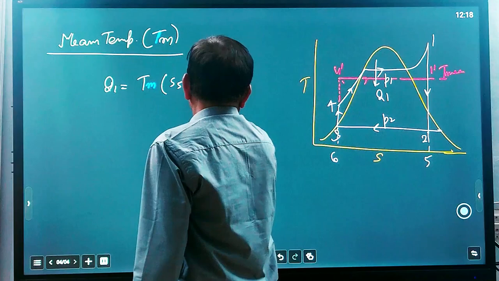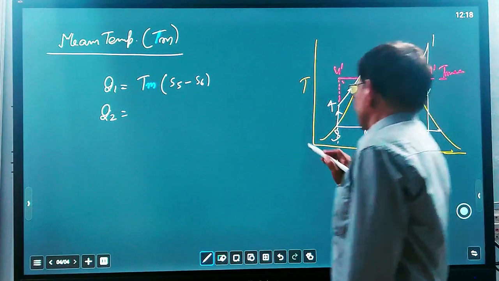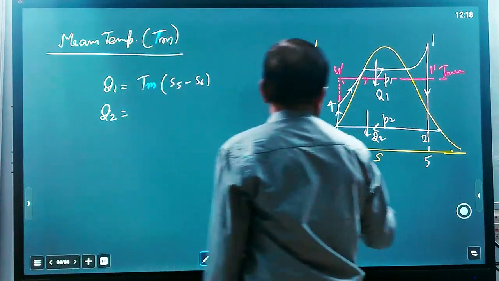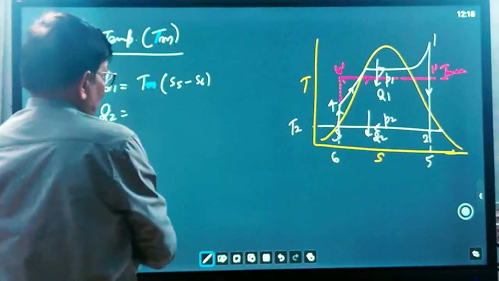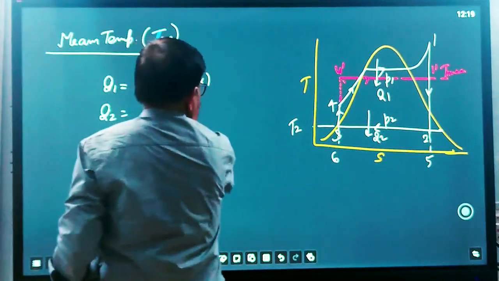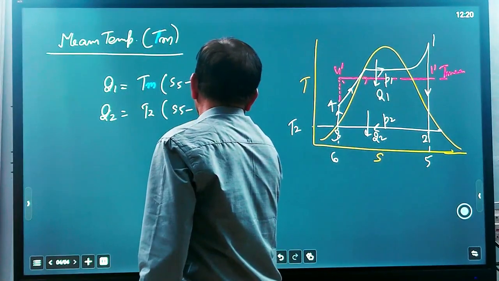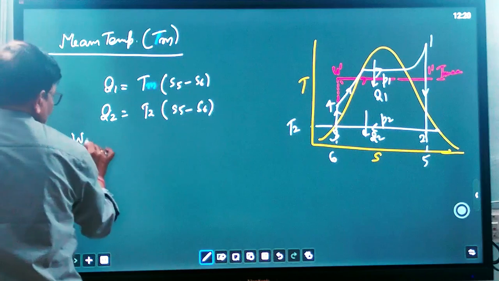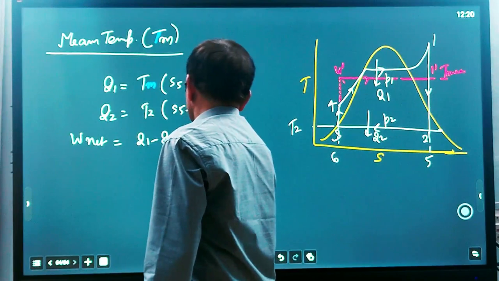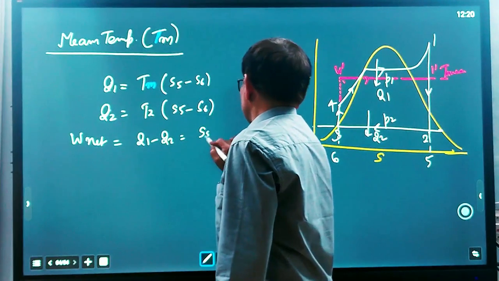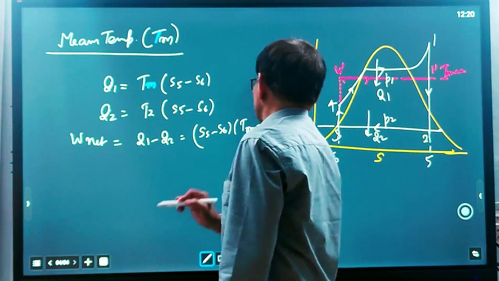Q2 is the heat rejected, at temperature T2, so Q2 equals T2 into the same entropy limits, S5 minus S6. So W net equals Q1 minus Q2, which equals (S5 minus S6) into (Tm minus T2).